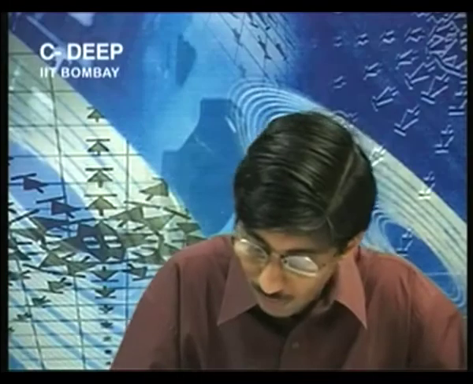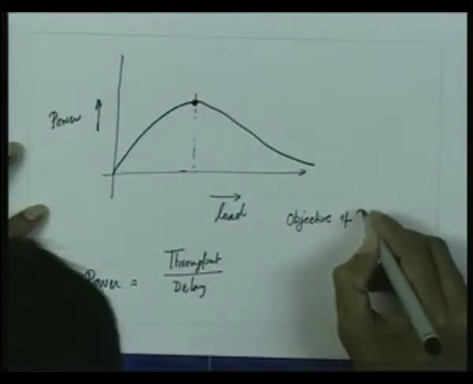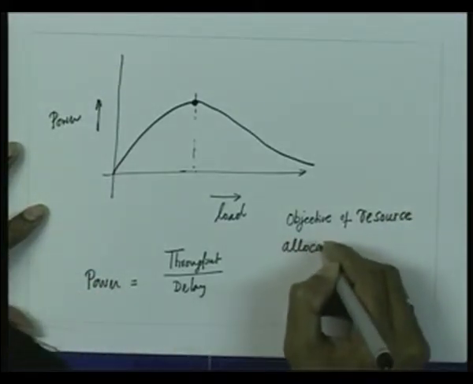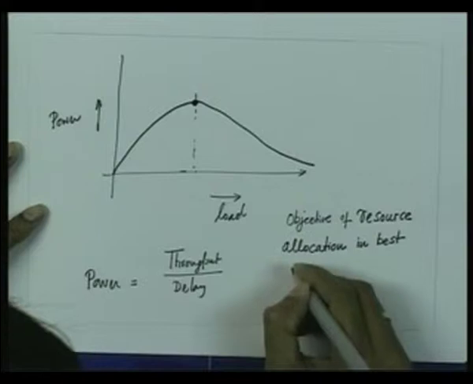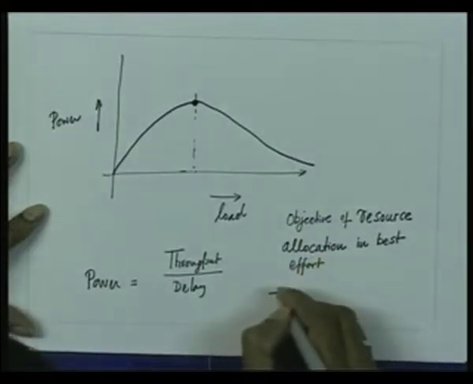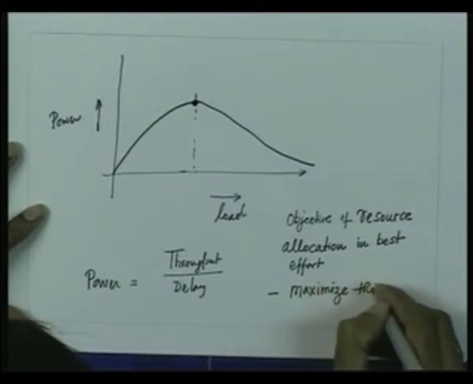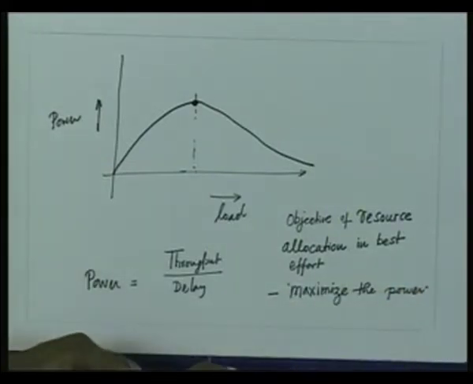So what I am trying to say is that the objective of a resource allocation in best effort network should be to maximize this power. Right? Our congestion control mechanism should operate in such a manner that it maximizes this power. It makes this source operate at this point.